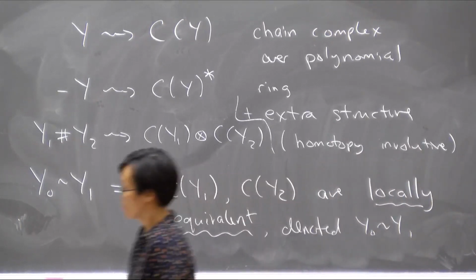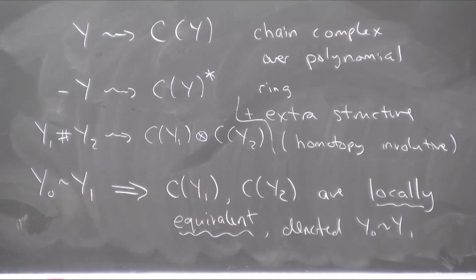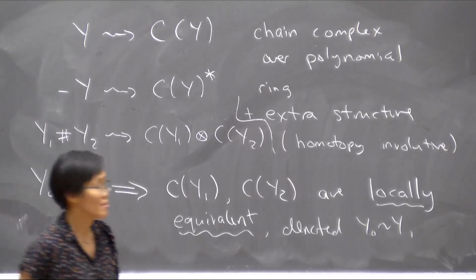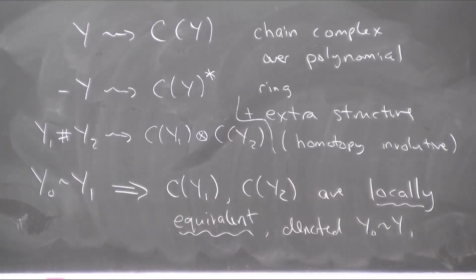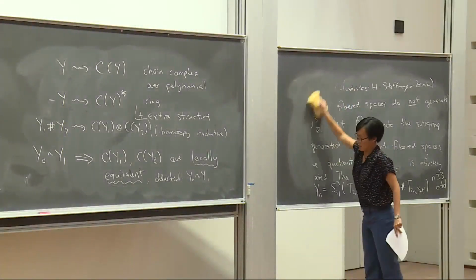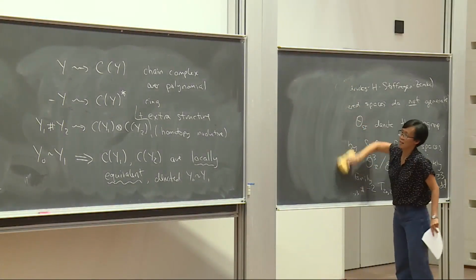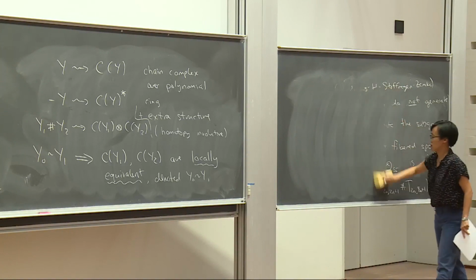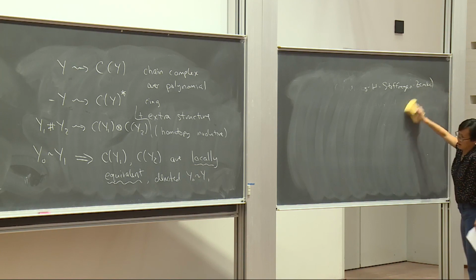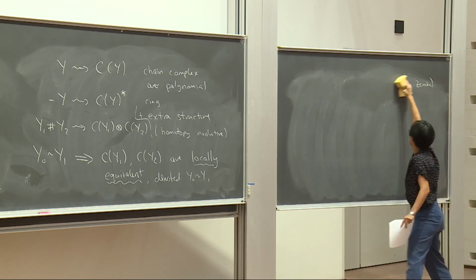Okay. So I want you to stare at these properties for a minute and think about what's the natural thing that you could do. Our goal is to understand the homology cobordism group, and maybe we can push that into a more algebraic question about understanding chain complexes up to some equivalence relation.